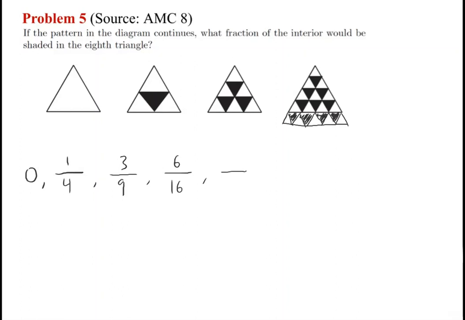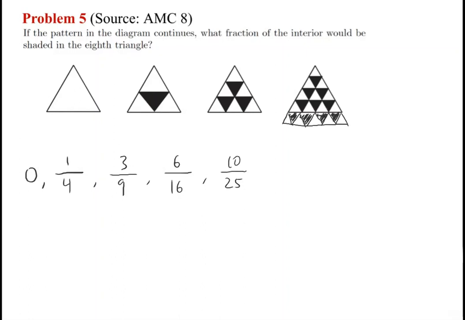From this, you can see that 10/25 is shaded in your 5th triangle. Okay. Now, just looking at the numerator and the denominator, we can find patterns for each of them.